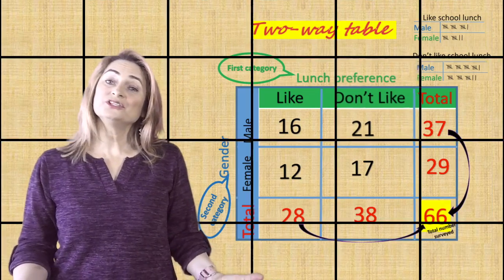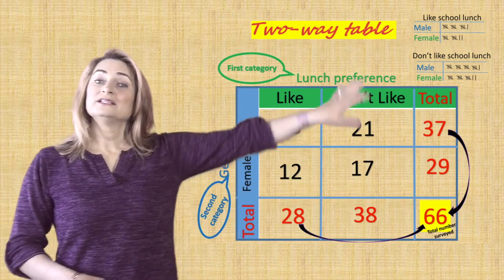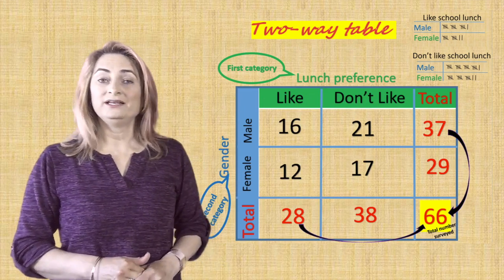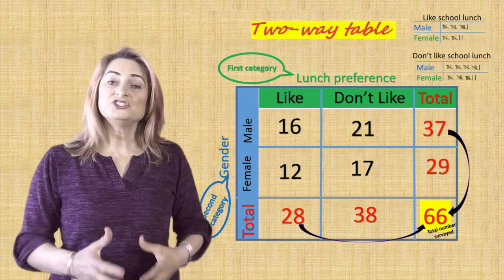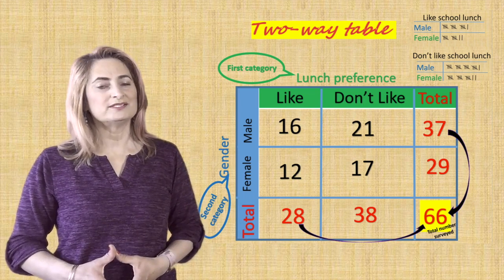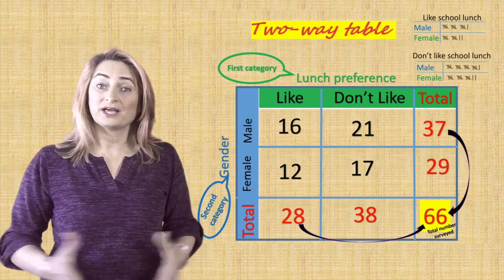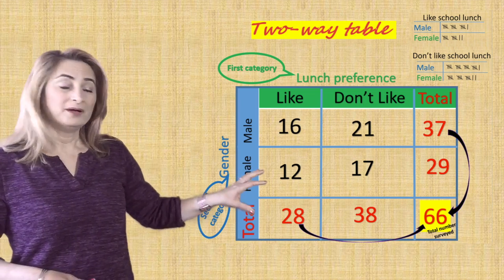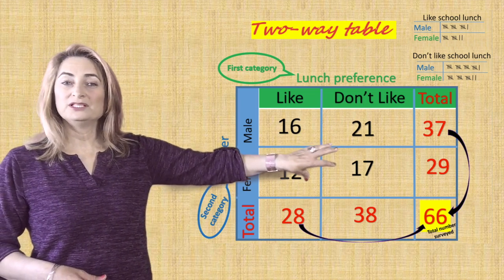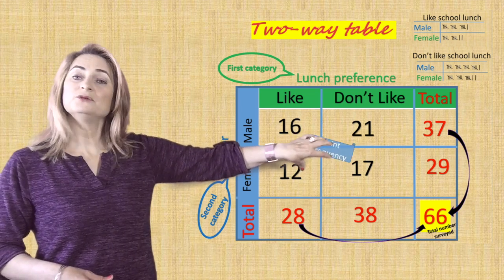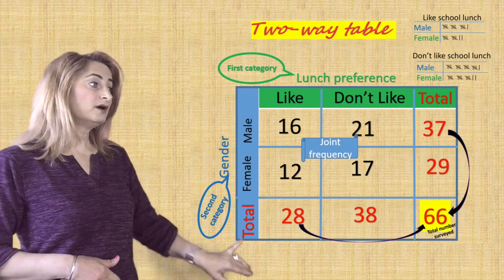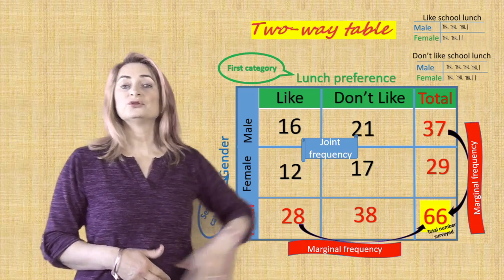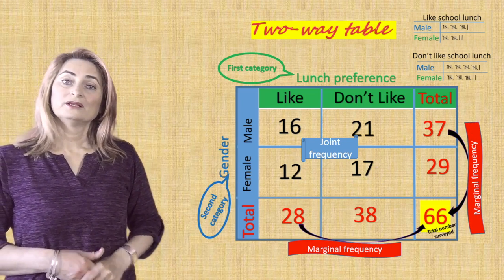So in conclusion for today's lesson, tally marks are not easy to read. Constructing a two-way table with the numbers is much easier to read, to draw conclusions and find relationships between two categories. Remember, the two vocabulary words are joint frequency, which is the numbers that join both categories together, and marginal frequency, which is the total column and row.